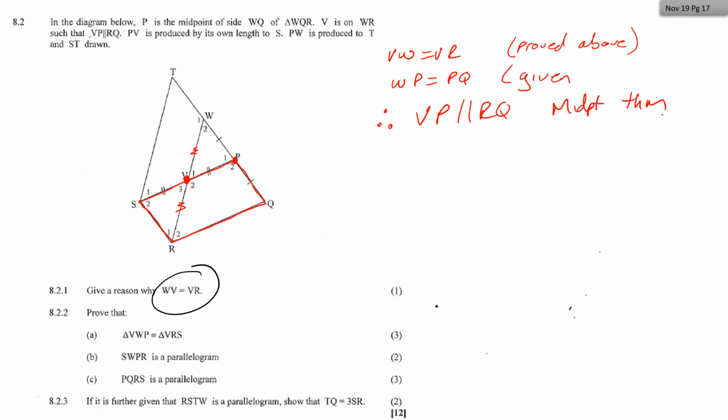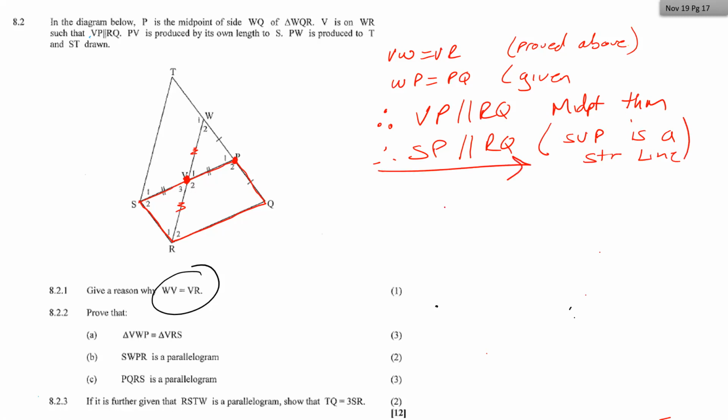Okay, now VP and SP is the same line, so therefore we can conclude that SP is parallel to RQ. In other words, SVP is collinear, or in simple terms, a straight line. That's a very important point for us.